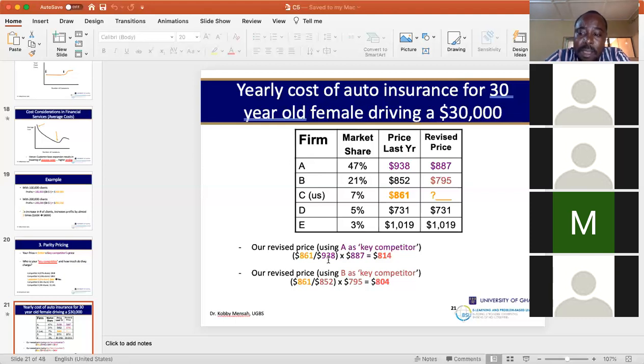So the assumption is that when you price at 814, you are most likely to move competitor A's customers to you. Now, why is that? It's because perhaps you and competitor A have similar products, you have similar capacity, but of course they happen to be the market leader, all right?